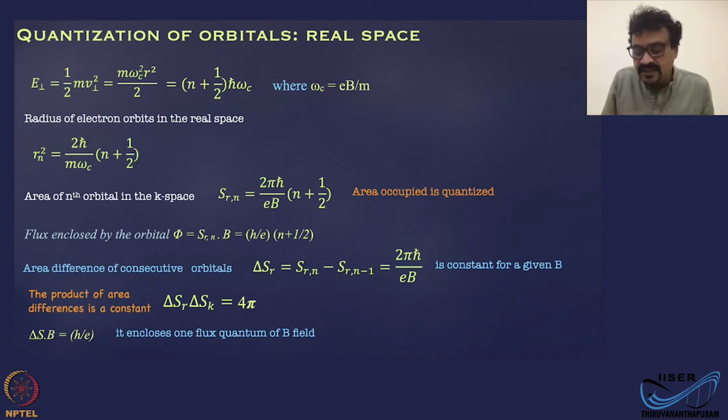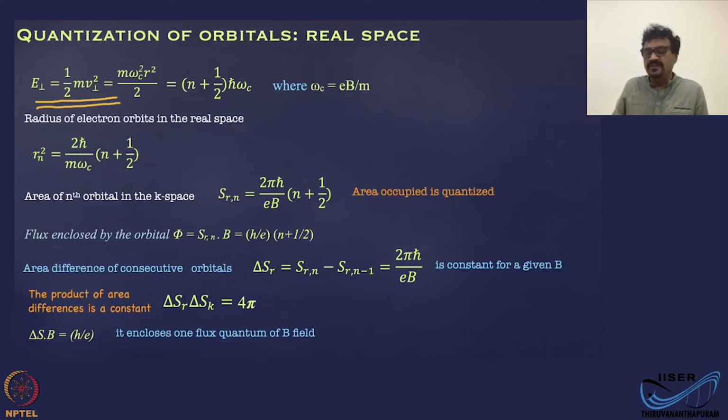So the energy again is given by half m v square, where v is the corresponding perpendicular motion, which is v equal to omega into r, and that is again given by this quantization, a quantized energy (n plus 1/2) h bar omega c, where omega c is the cyclotron frequency. From that we can extract what is the radius square in real space, and the area of the orbital in real space.